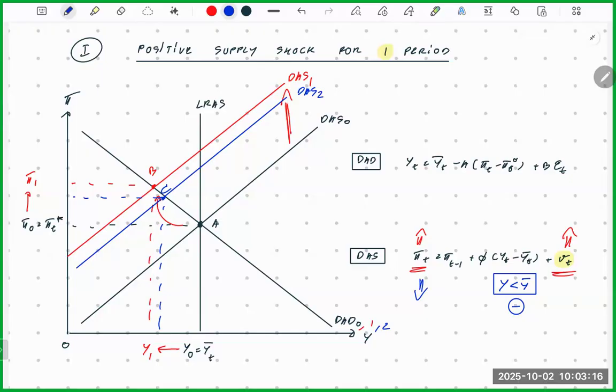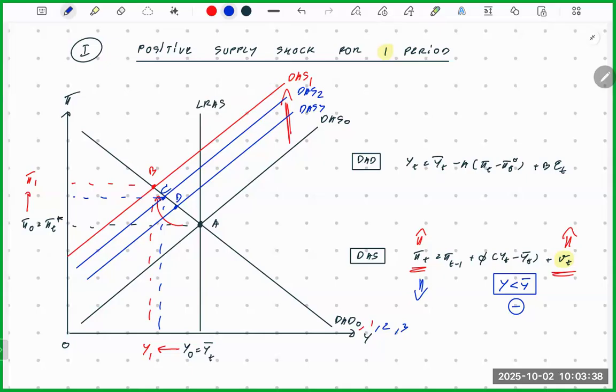Y still less than Y bar. The right-hand side of the DAS equation is still lower, so pi needs to be lower. The economy is still not good, so you need to lower the price even more. Inflation becomes low. This is DAS3, point D, comma 3 on DAD.